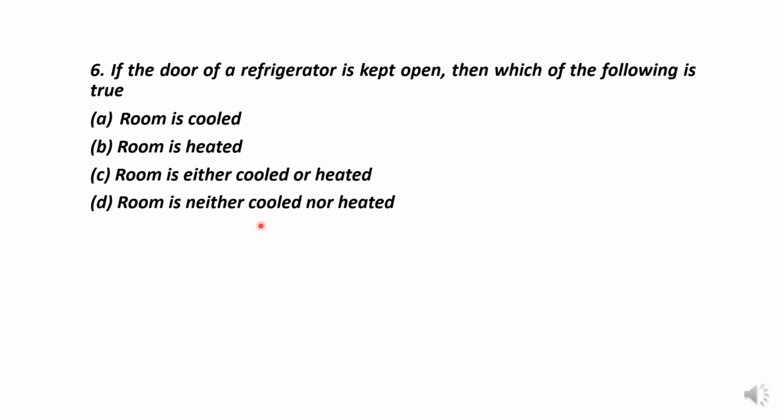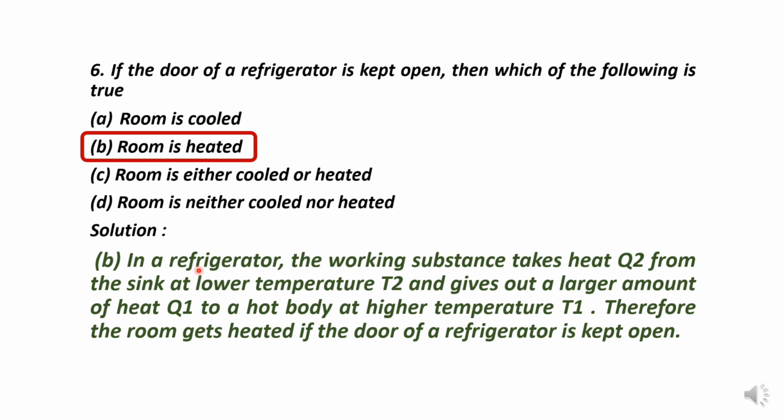So the correct option is option B, room is heated, because in a refrigerator, the working substance takes heat Q2 from the sink at lower temperature T2 and gives out a large amount of heat Q1 to a hot body at a higher temperature T1.